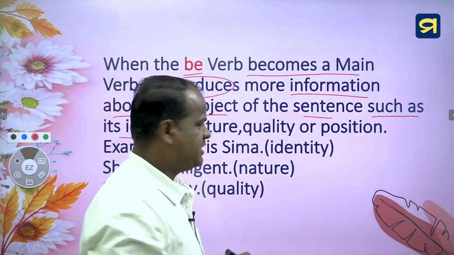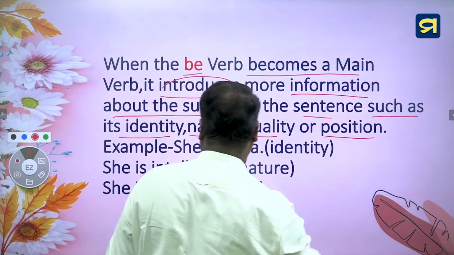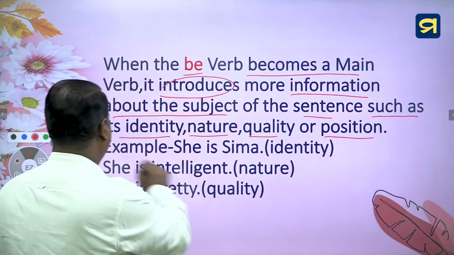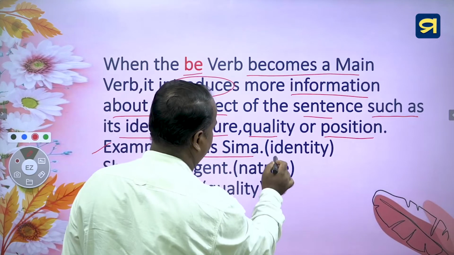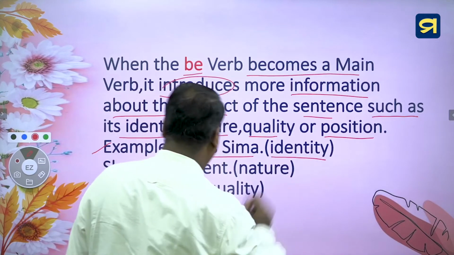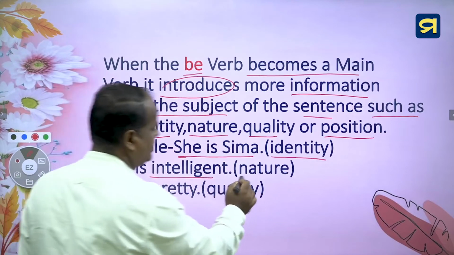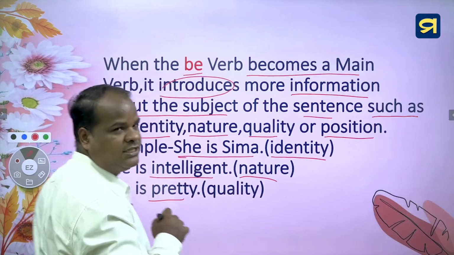The identity of the subject, nature, quality or position. Let's have some examples to clarify it. Example, she is Sima. It indicates identity. She is intelligent. It indicates nature. She is pretty. It indicates quality.